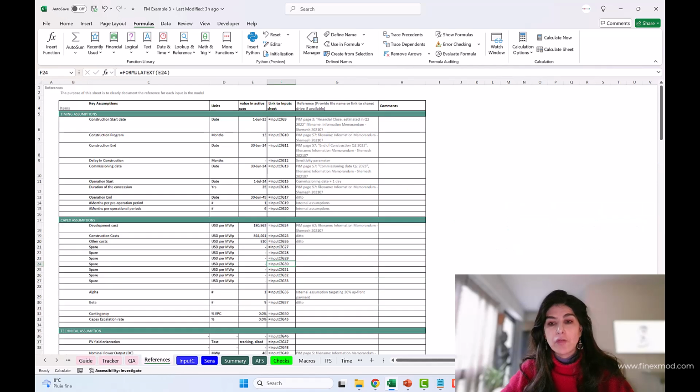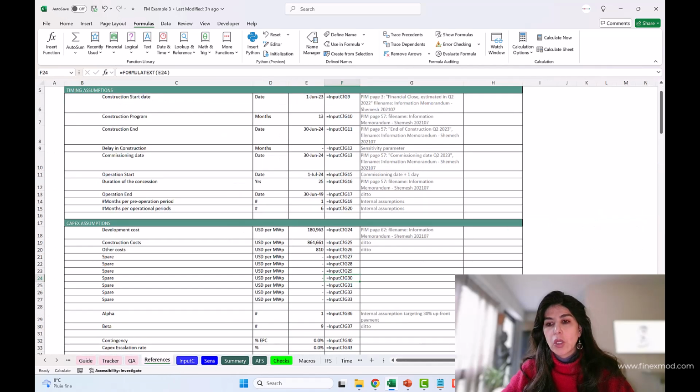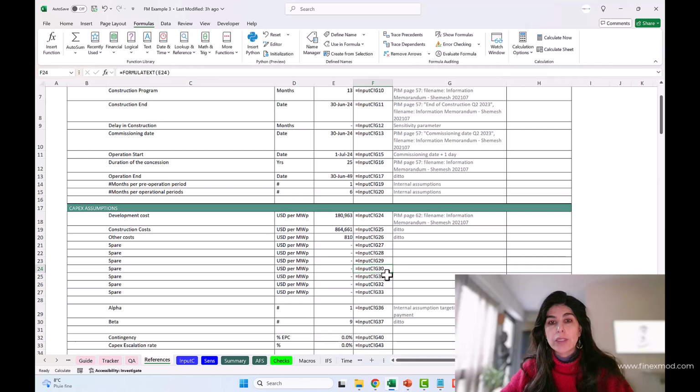To ensure that this is the case, when you are building a financial model or reviewing a model, you want to include a sheet within your model. You can call it references, data, whatever you want. But this sheet is basically keeping track of the references for each and every input that goes into your model.